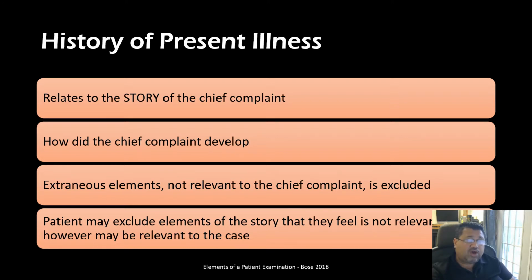Now, four problems may happen in getting a history of present illness. Number one is excessive interruptions. This may make the person forget details of their problem, or they may simply get irritated by the clinician's approach. Number two is that the patient may not provide sufficient information because they filter, like I told you.